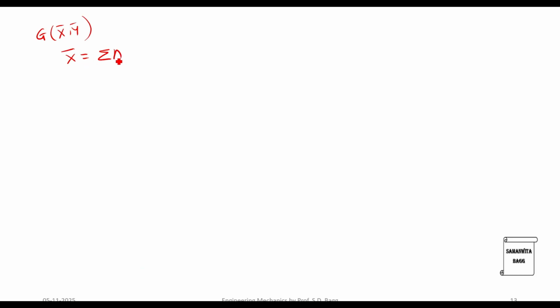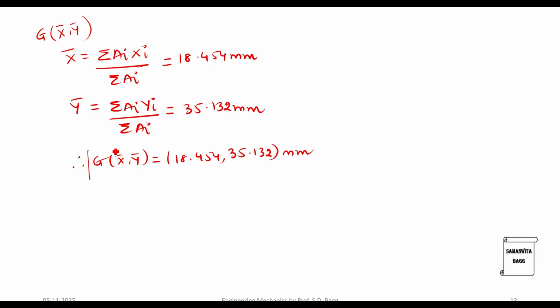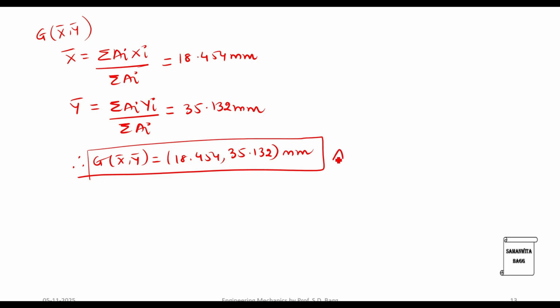X bar is summation Ai xi upon summation Ai, which will make it to 18.454 mm. Y bar is summation Ai yi upon summation Ai. So this is 35.132 mm. Therefore, G x bar y bar is nothing but 18.454 comma 35.132 mm. So this is the final answer.